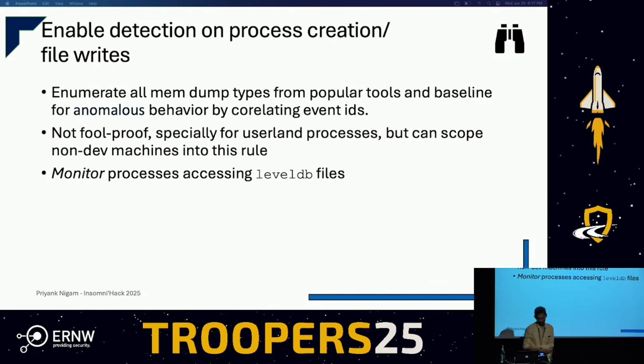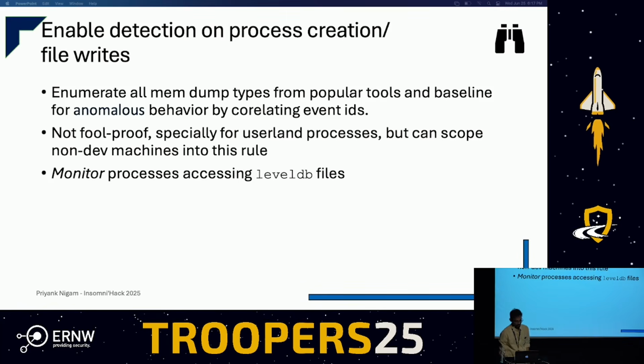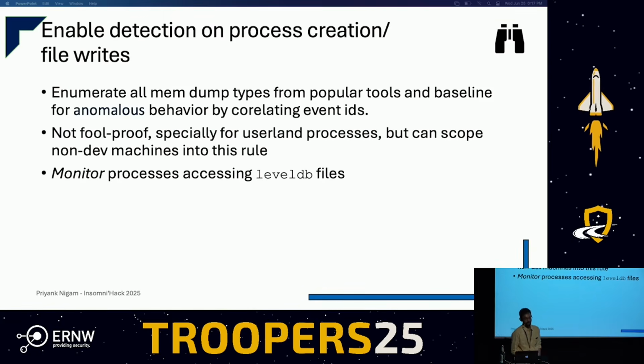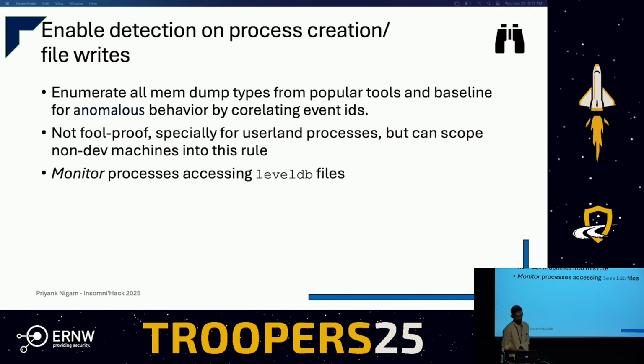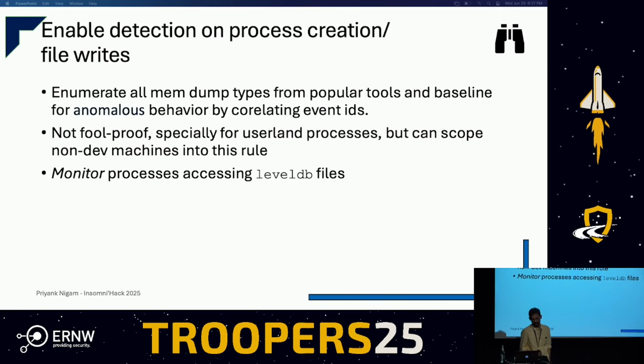Is that even required? And then it's not actually foolproof, obviously, right? But you can definitely scope any non-development machines into this rule to see if you might be able to thwart an attacker.